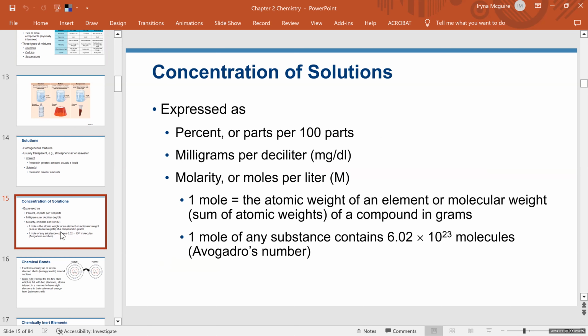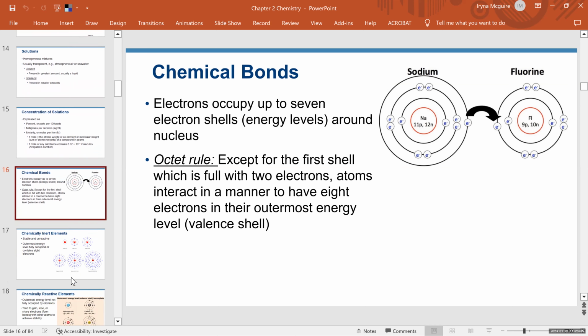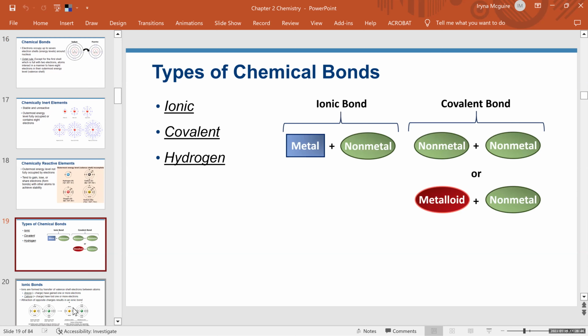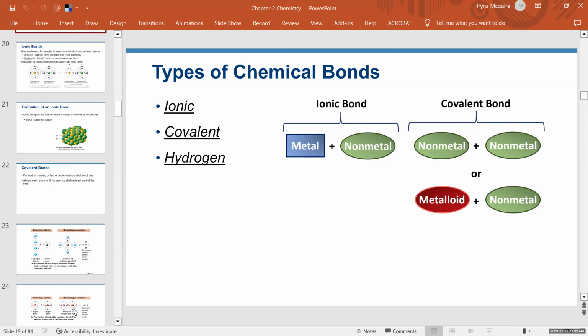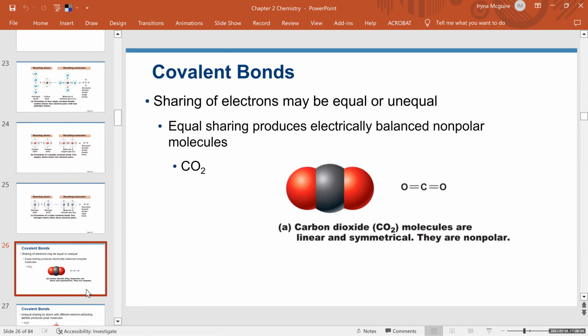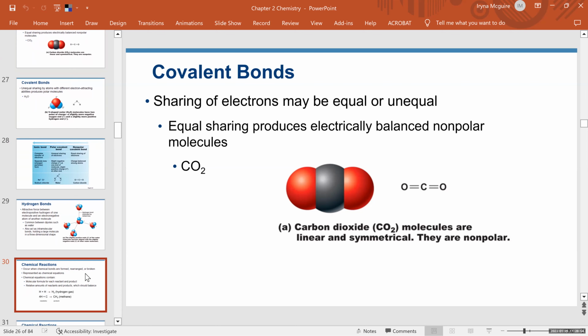And then those atoms can form chemical bonds between each other. Now, chemical bonds are formed because of interaction between electrons, right? And we looked at 3 major chemical bonds important for biology: ionic, covalent, and hydrogen bonds, right? When bonds are formed or rearranged or broken, that's what we call a chemical reaction.